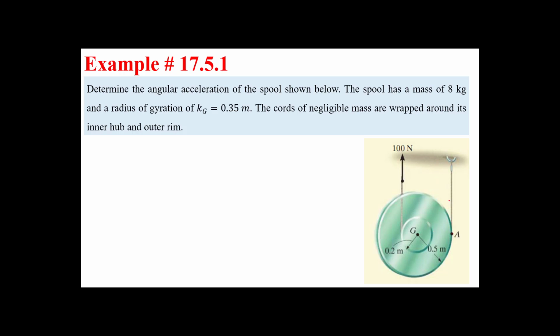Because here, if I don't have any slip with the cord, imagine that this is the ground, and this spool will rotate, it doesn't slide, it will roll on this cord. So this point will be its name.